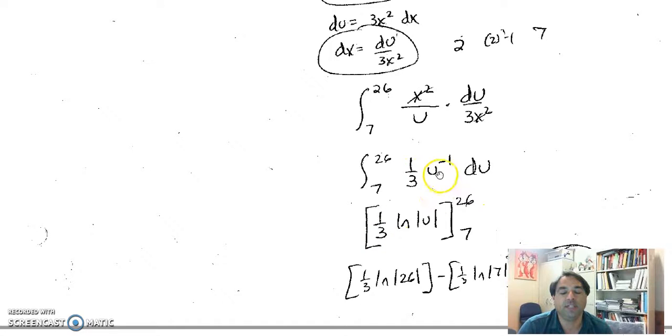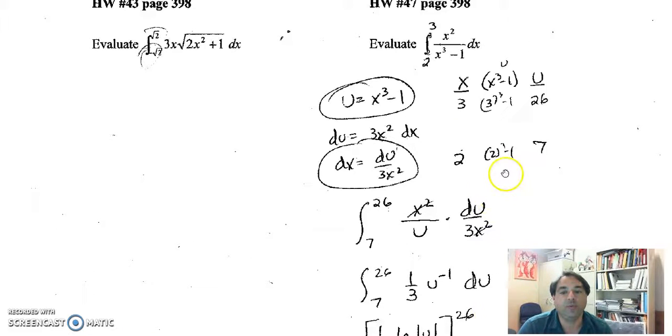1/3 stays in front. The integral of u to the negative 1 is ln absolute value of u. Then, if we're going to go everything in terms of u, what we did was we took 2, plugged it in. 2 cubed minus 1 is 7. So 2 is in terms of x, 7 is in terms of u. 3 cubed minus 1 would give us 26.